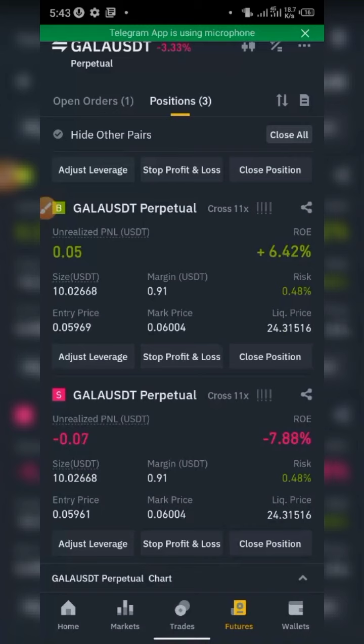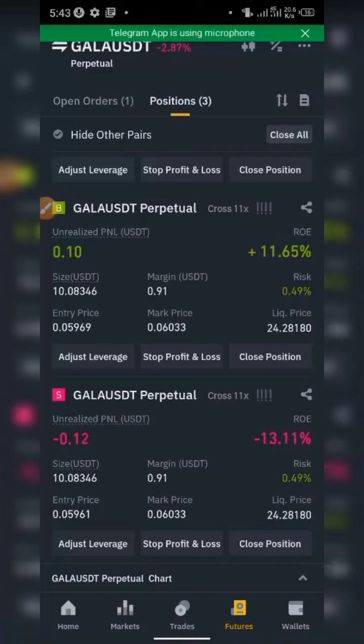So let's say in this trade the short is losing, and you think that if you go long, you will make more money.